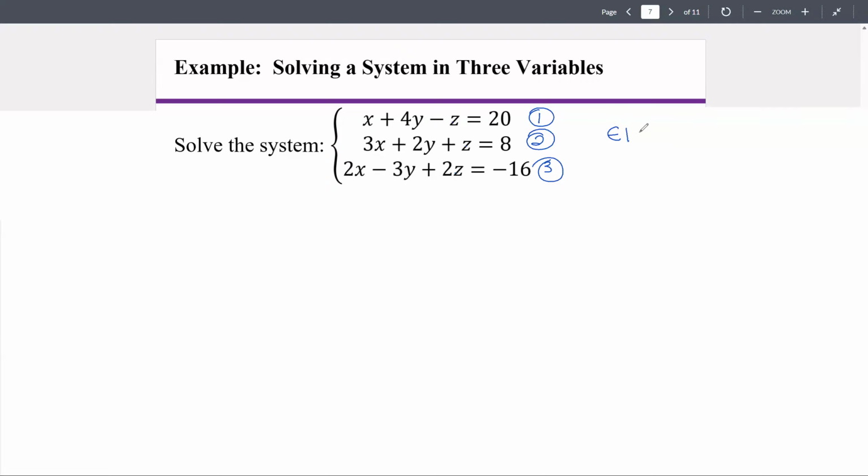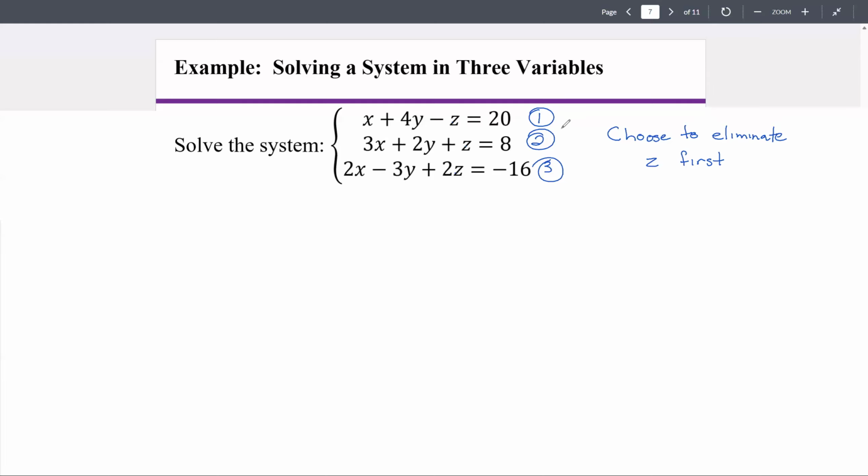So I'm going to choose to eliminate z first. So that's my first step, is always just pick a variable that you want to use. It's not really going to make a big difference. It's just, is it going to make life easier for you?